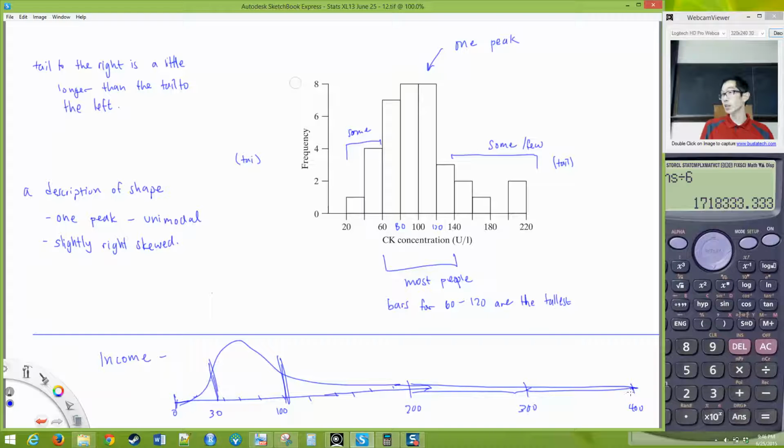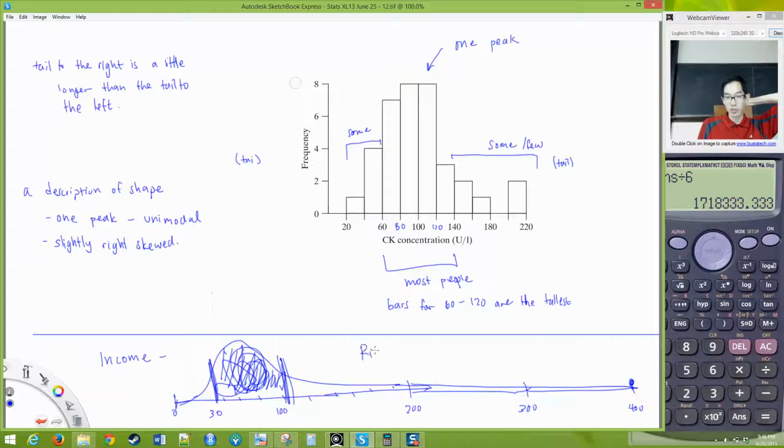Not a lot, but you will have people out here, okay? Whereas most everyone else is going to be over here, okay? Most everyone's going to be in this zone. You're going to have the bulk of people in here. And then, yeah, this is the 1% out here, okay? So income is right skewed.